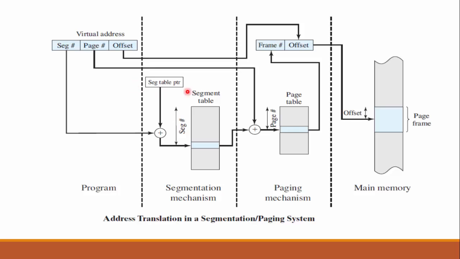Now the page number is used to find the entry in this page table, which gives the frame number, and this frame number is then added with the offset to get the physical memory location in the main memory, and we get the desired location. So this is the combined approach of segmentation and paging, the best technique we have covered till now with paging and segmentation.